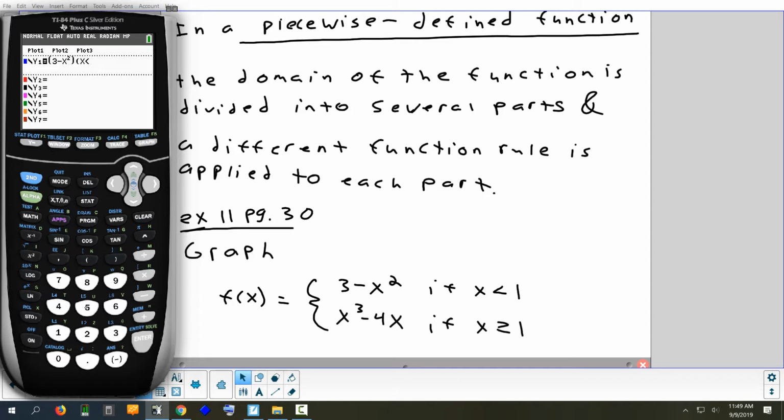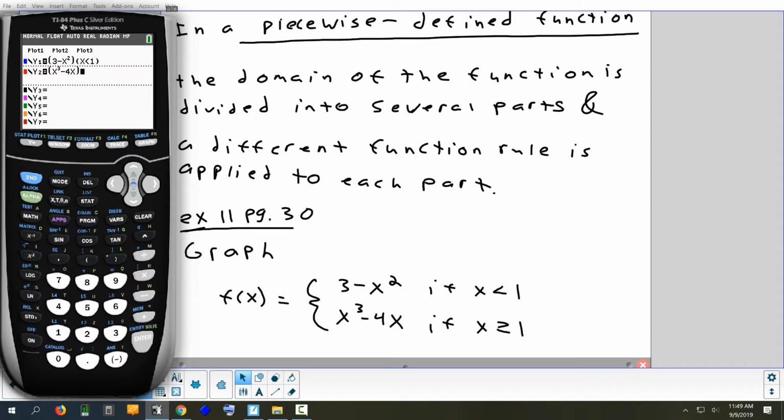And I'm going to do it again for the bottom one too. Yep, I'm going to do the bottom one right now. Okay, so now for the bottom one, you're going to type it in, but you want it in parentheses. So start with x cubed minus 4x. But I don't want it to draw this cubic everywhere.